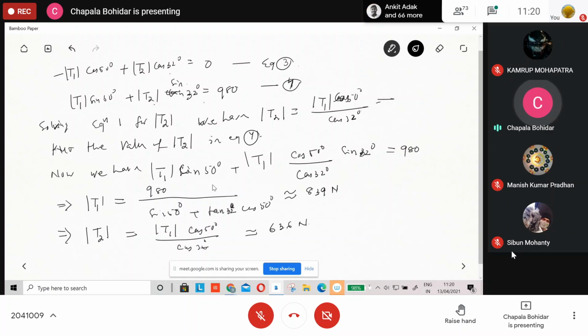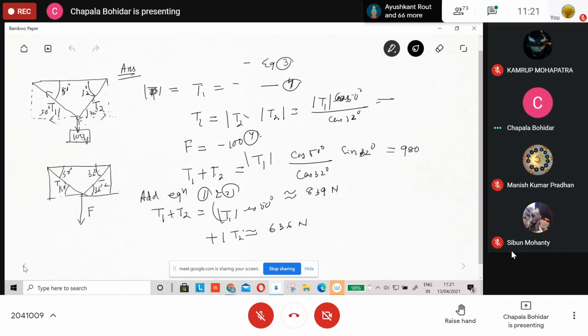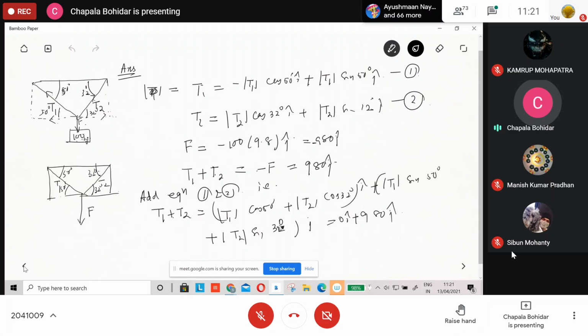After getting the magnitude, now you can find the vector values of T1 and T2 by substituting these values in the equations on the next page. Now we can put the values of T1 and T2 here.